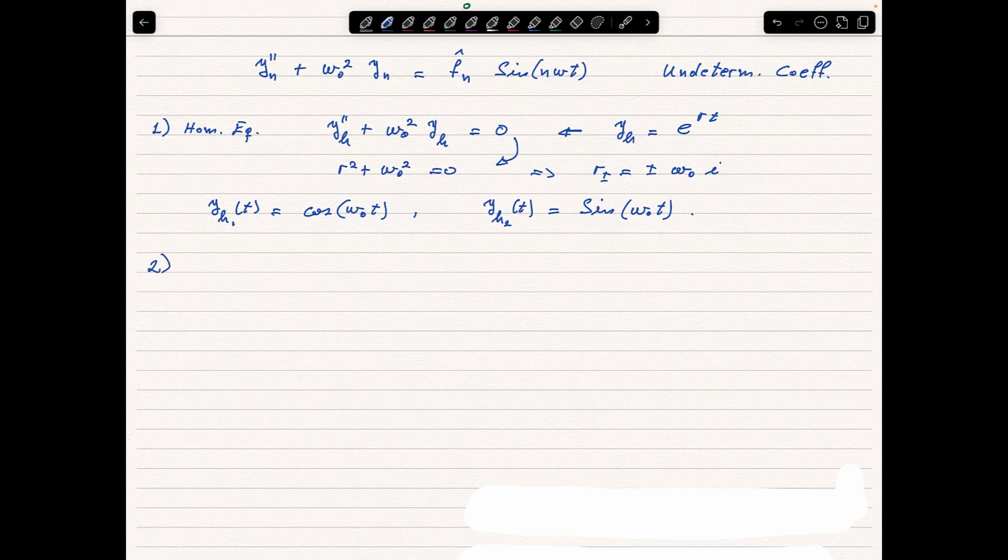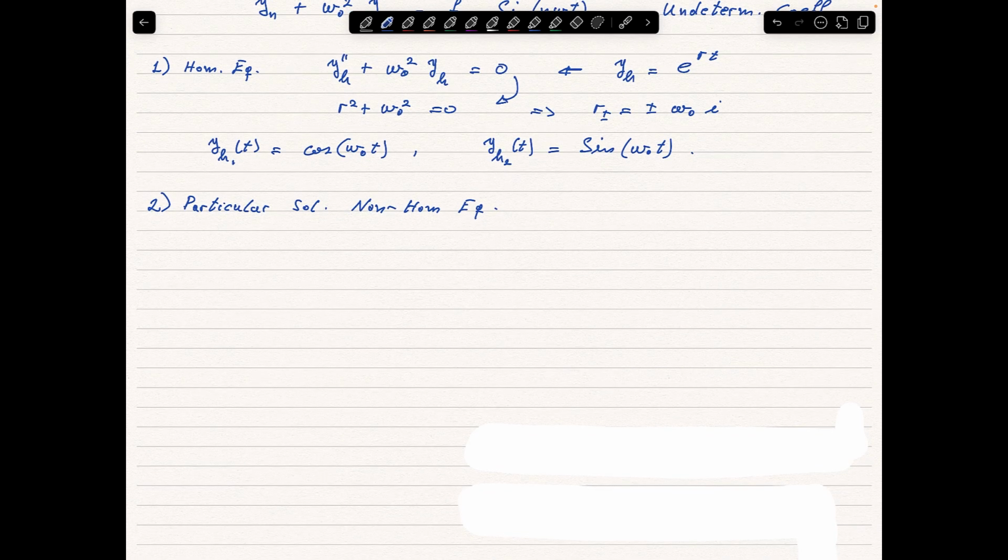Now we can move to the non-homogeneous. So we need to find a particular solution of the non-homogeneous equation. Now the non-homogeneous equation does have the n, and it has a source. Let's call it fn of t, which is the coefficient here, fn hat, and then the sine of n omega t.